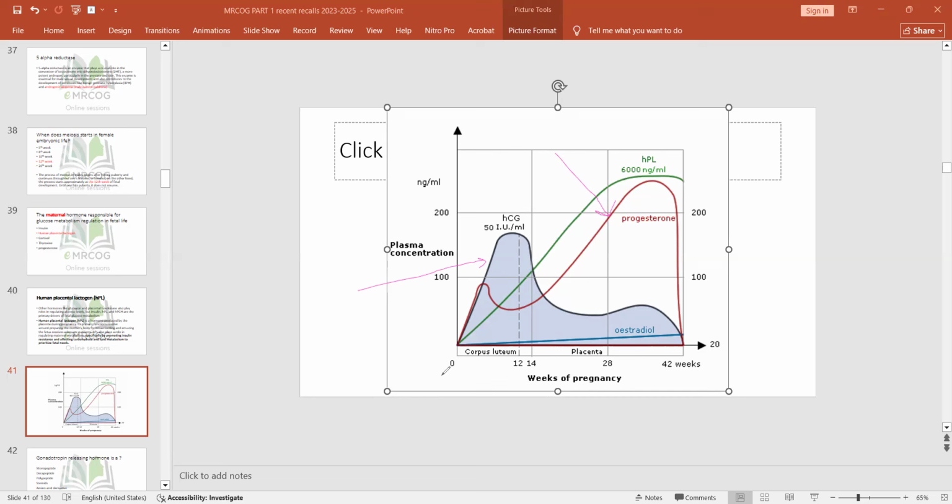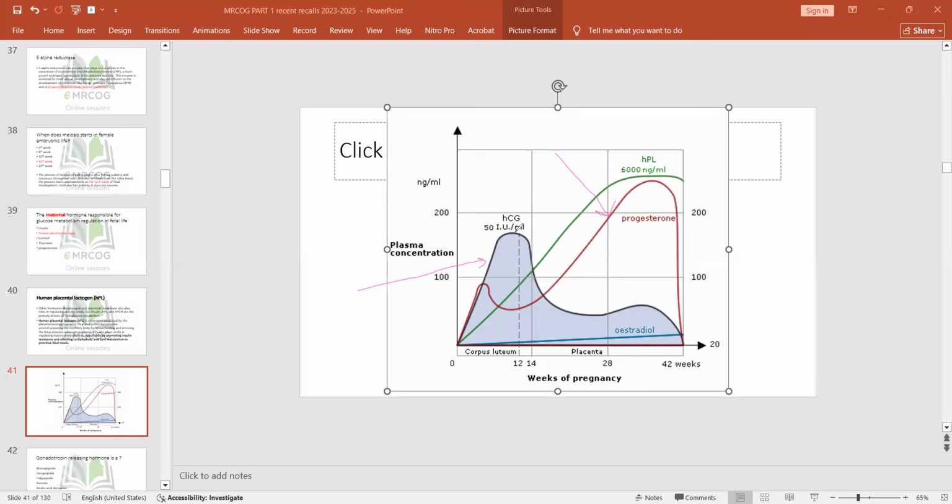HCG is the kind of hormone that's going to fluctuate, but it's going to increase and peak, of course, at the first trimester, and then it's going to decline. What is going to take over the placenta in secreting HCG? The placenta still secretes it till birth. But I don't really need the HCG now for the same purpose.